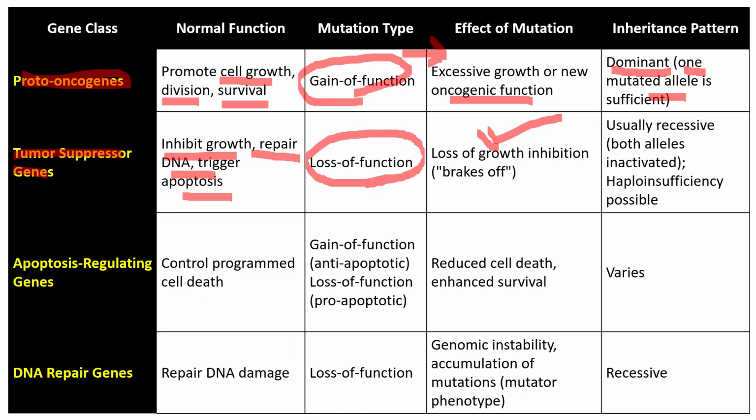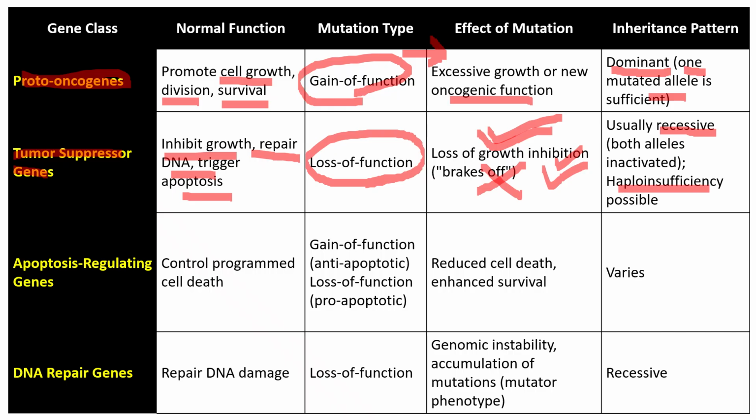That means the brakes on the growth are off, so the cell growth starts. Usually the inheritance pattern is recessive, and that means inactivation of both alleles is required for the development of this cancer. However, haploinsufficiency is possible.